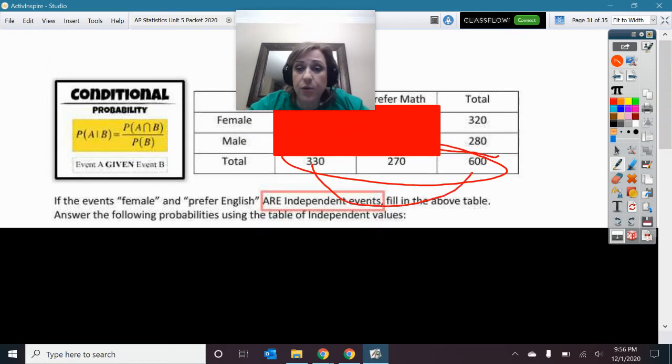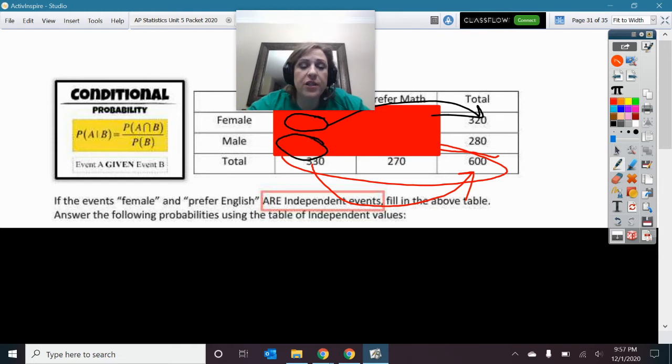Well, we already know that overall English preference was 55%. So if that overall English preference is 55%, then what proportion of the females should be preferring English?